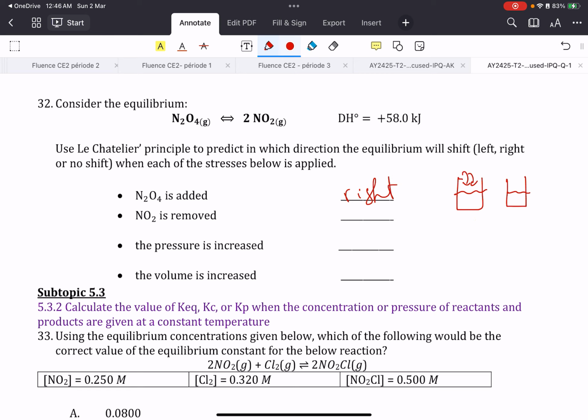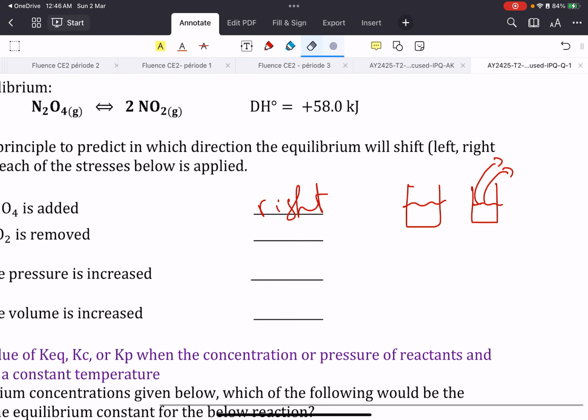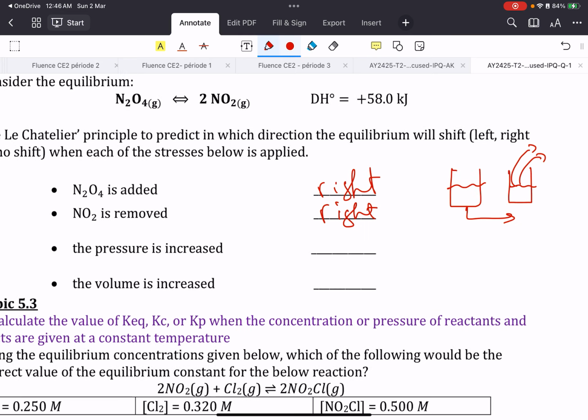Again, if NO2 is removed, we are removing from here, so equilibrium will go in this direction to give back what was removed, also to the right.